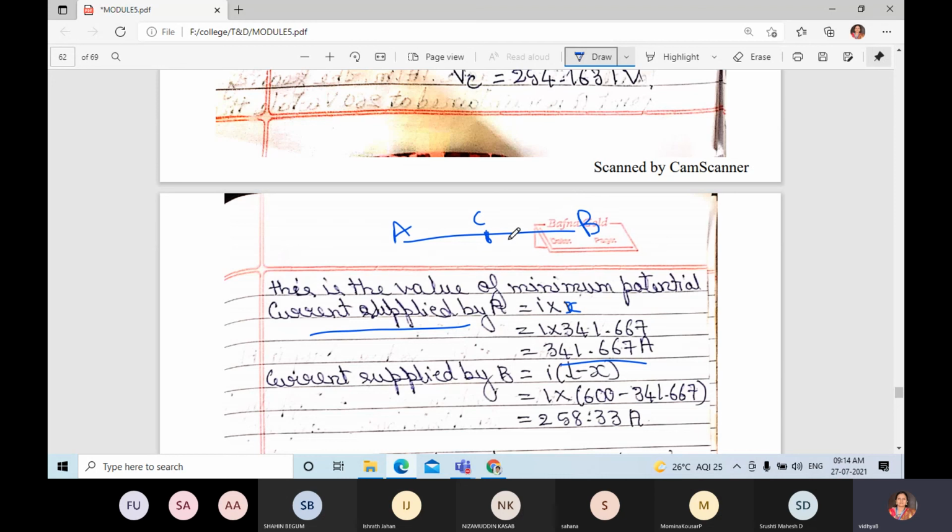The current is coming from A and from B, both directions. So here I into L minus x. L is 600, x value is 341.667. You'll get 258.33 amps.